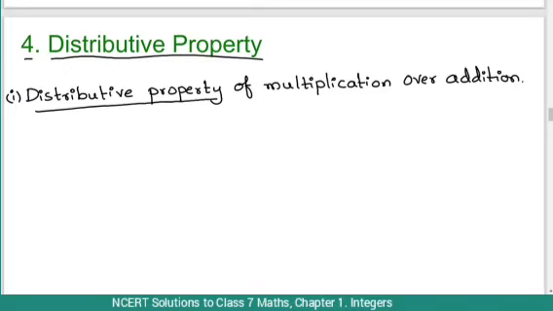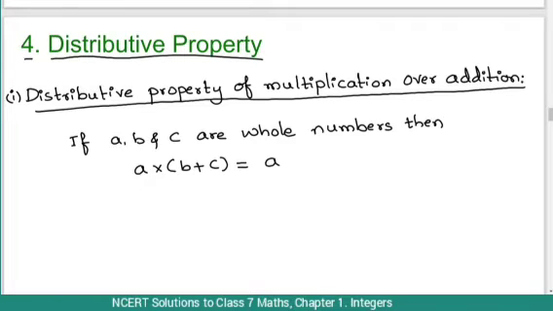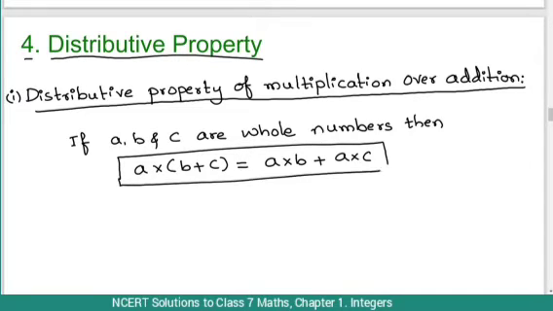If A, B and C are integers, or we can write whole numbers, then A × (B + C) is equal to A × B + A × C. So this is the distributive property of multiplication over addition.